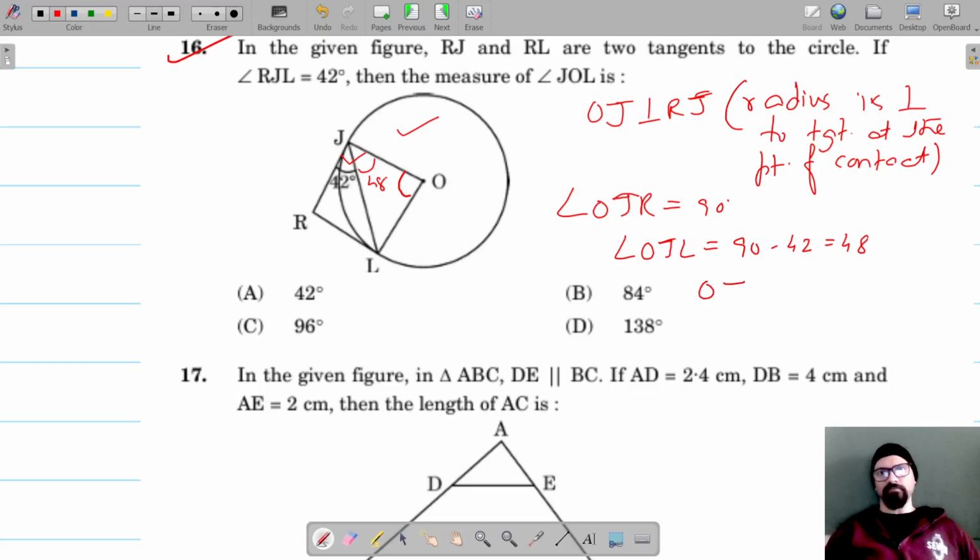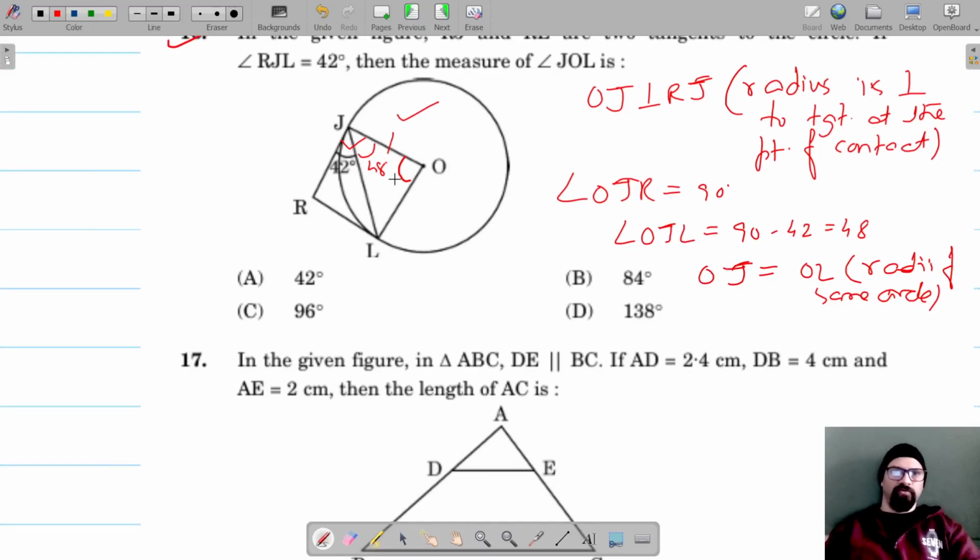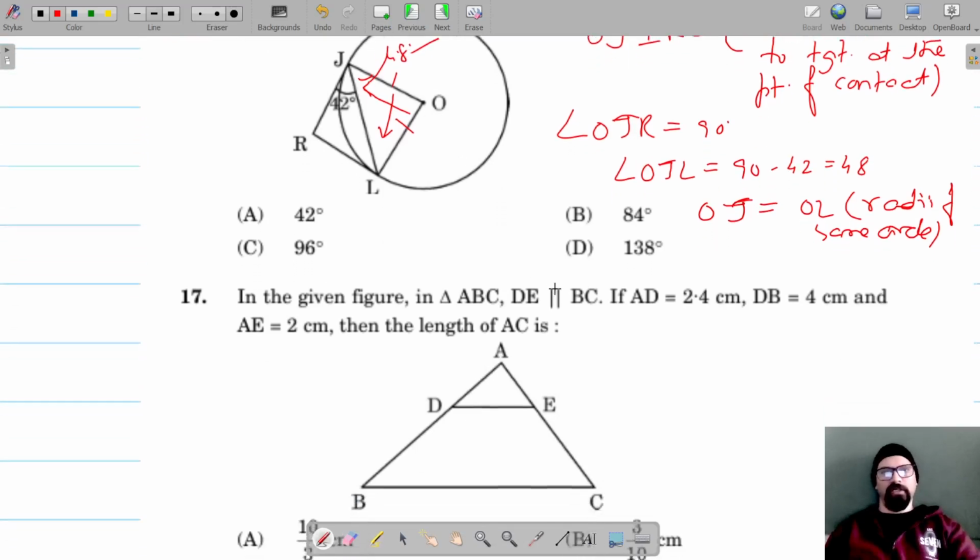Also, OJ is equal to OL, and reason being these are the radii of same circle. Now, if OJ is equal to OL, these two sides are equal. So that means the angles opposite to these two sides are equal. So these two angles are also equal, and this angle is 48 degree.